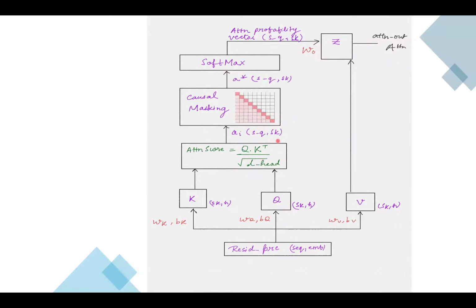When we do the transpose of this, it will become Sk multiplied by H, times H by Sk. So you would get a matrix of Sq cross Sk dimension, where this Sk covers all the positions.